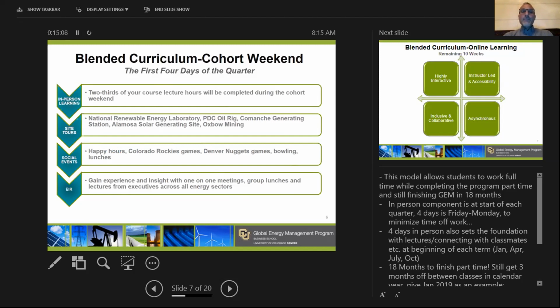Another aspect is that I also try to present the toughest component of the course during the first 4 days. In that specific course, that has to do with the technical aspects of energy science, with the calculations that I expect the students to be able to do and perform.